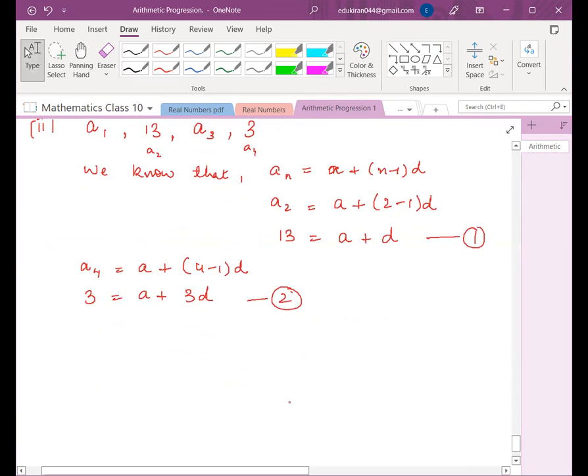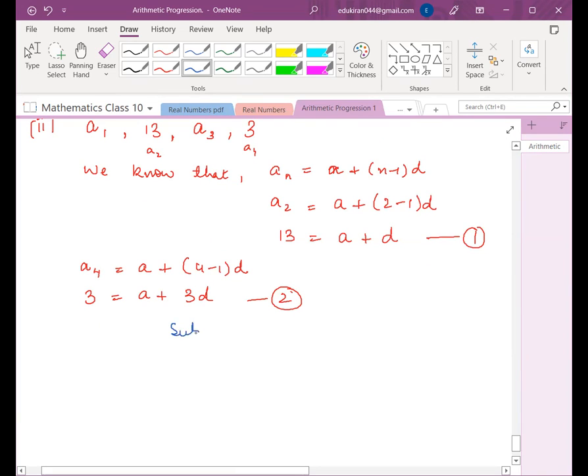We have to solve 1 and 2 for A and D. Yes, good. So you can use either substitution or elimination method. Because I have A here, it's easy. I can use the elimination method, right?